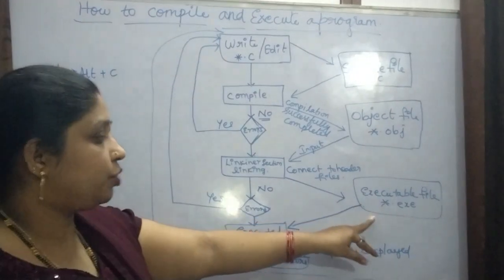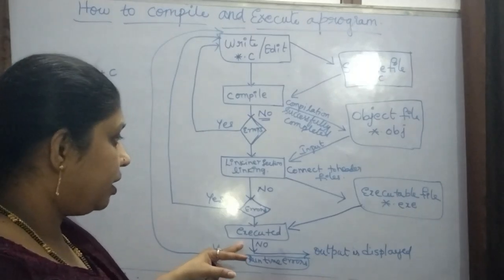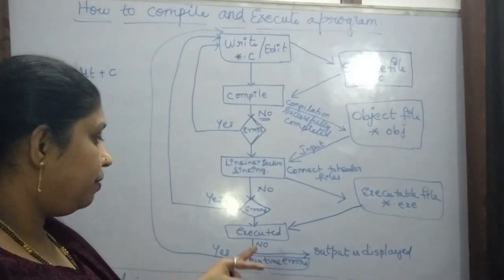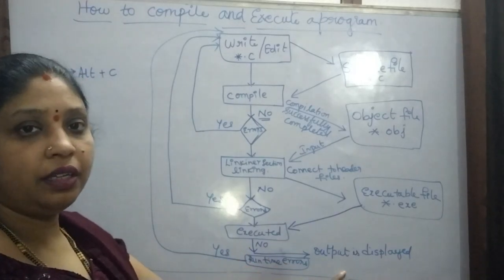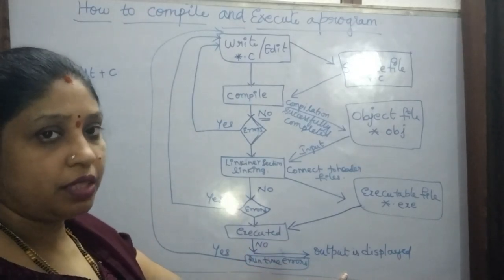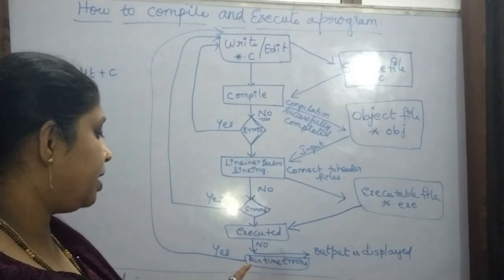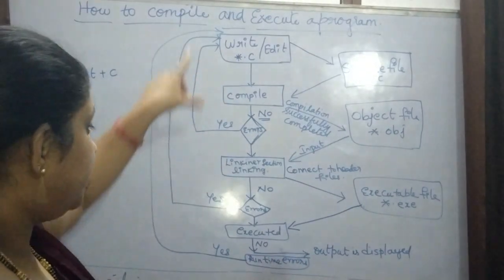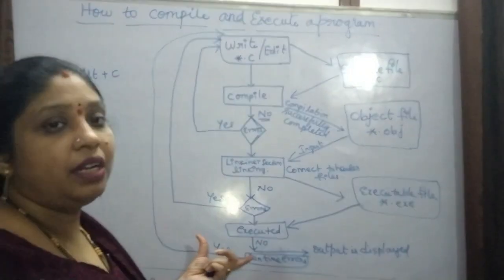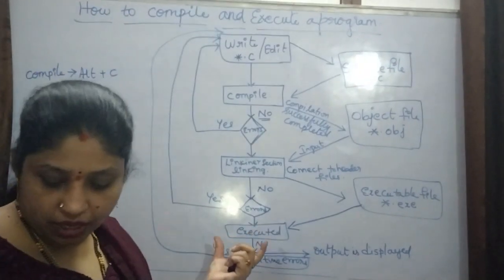After getting the executable file, it is executed. If it has no errors, the output is displayed successfully, and if there are errors, it goes back to the source code again. So this is the way compilation and execution is done.